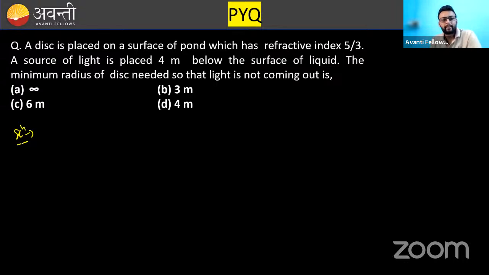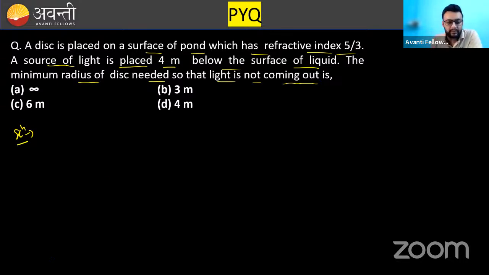Now if we move further, the question says, a disk is placed on the surface of a pond which has a refractive index 5/3. A source of light is placed 4 meters below the surface of the liquid. The minimum radius of the disk needed so that light does not come out is?